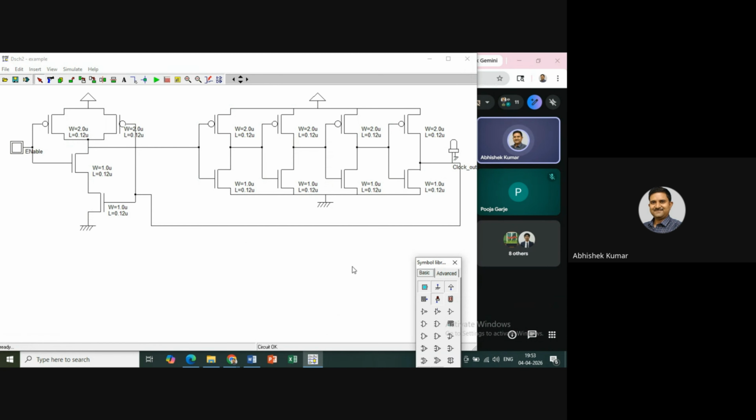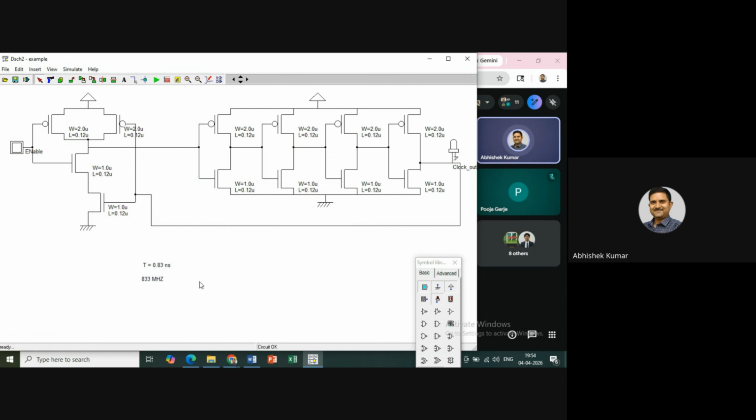What I'm going to discuss here is that because of this oscillation, the total time period which I have measured is T equals 1.8 nanoseconds. So what is the frequency? I am going to write frequency equal to 1 upon T. I have got 0.833 gigahertz, and this value is equal to 833 megahertz.